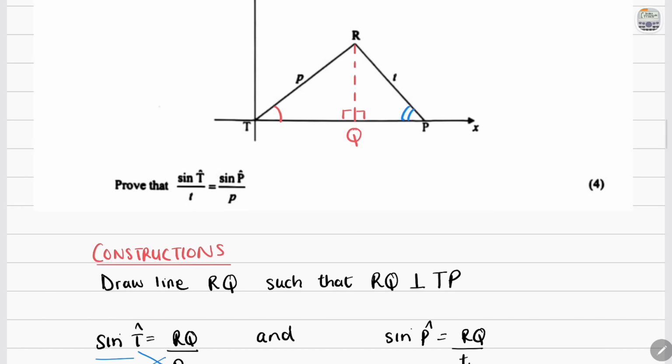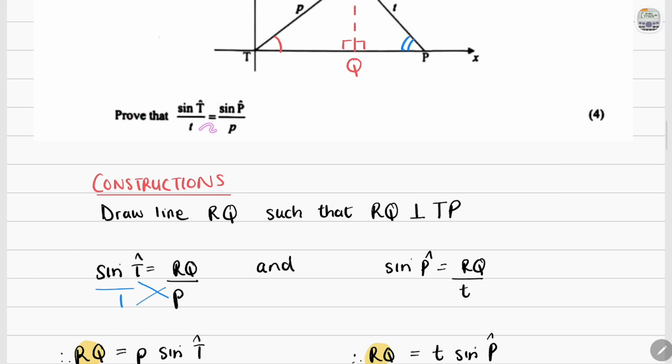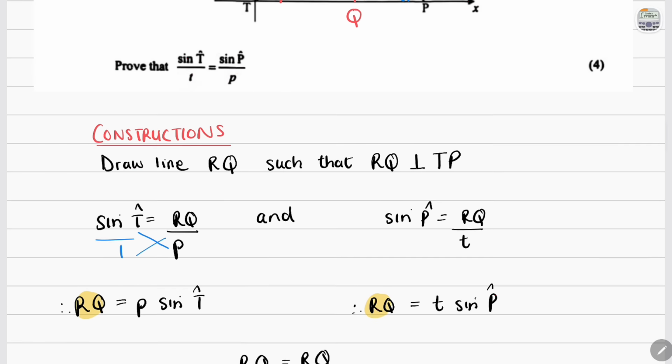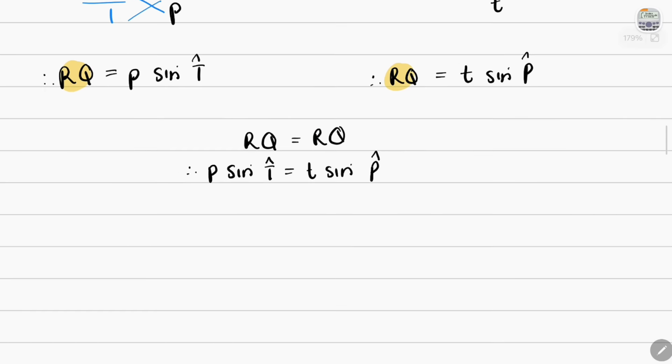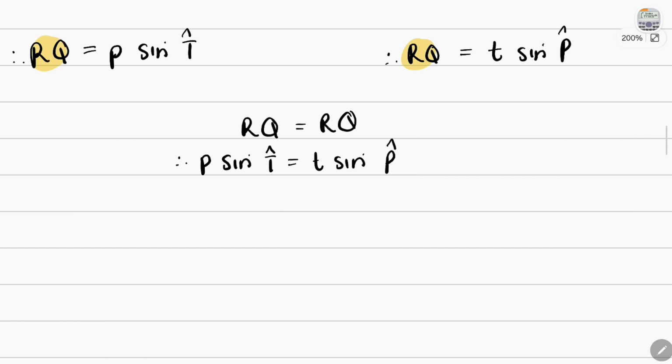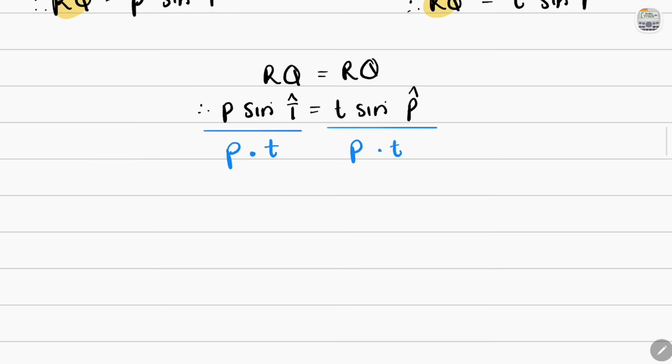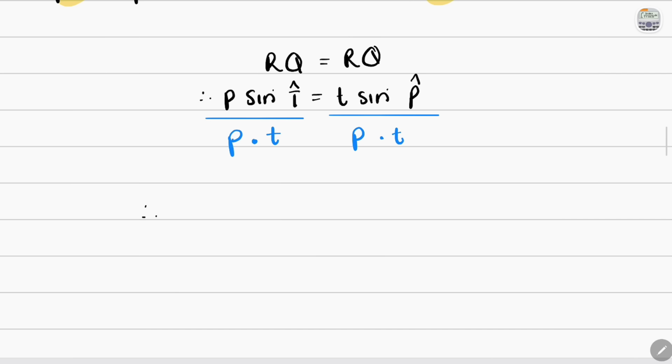Now we're almost done. Do you see how here in the denominator there's a T, and here in the denominator there's a P? We want that to happen. So we need to make sure that the P is in the denominator and so is the T. You're going to divide both sides by P and by T. Then look at what happens.